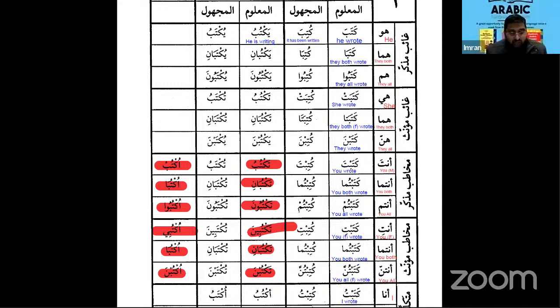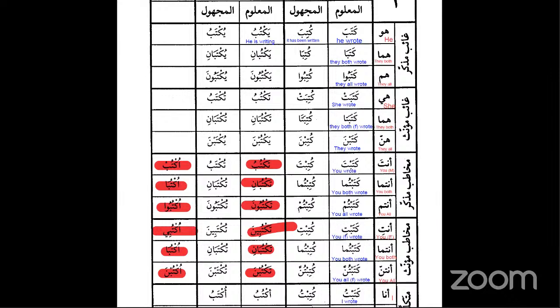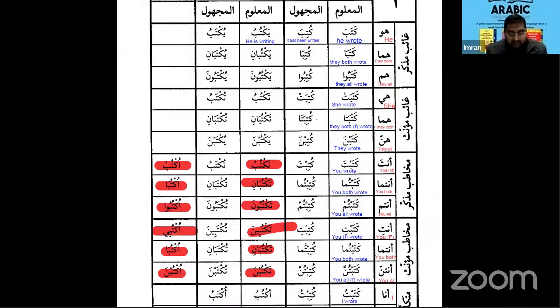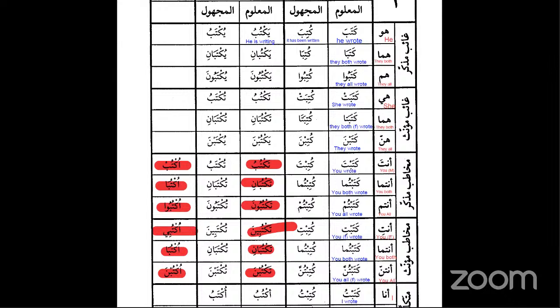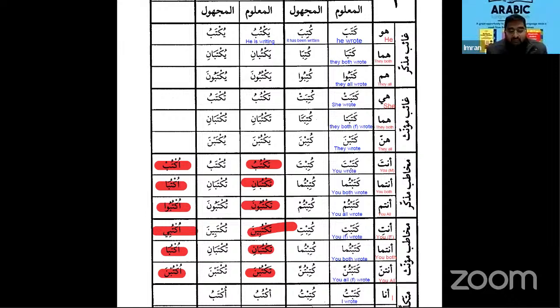If you look at the chat box, I've sent Kataba Muhammadun Risalatan. Muhammad is masculine, correct? And kataba is a masculine verb as well. When you make the passive tense, you remove the word Muhammad, and replace it with the word Risalatun in its place.